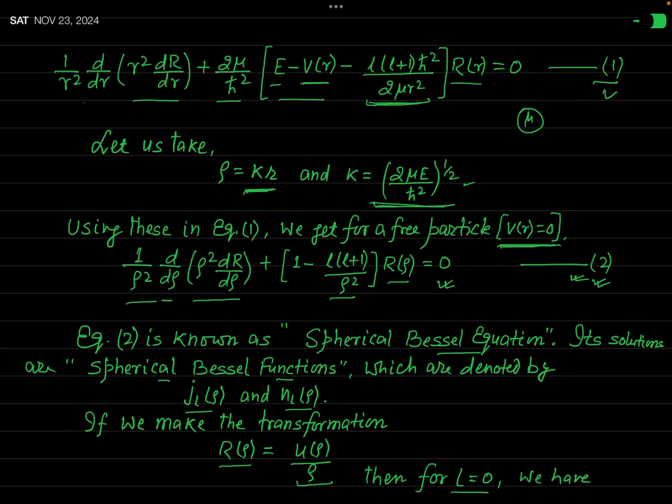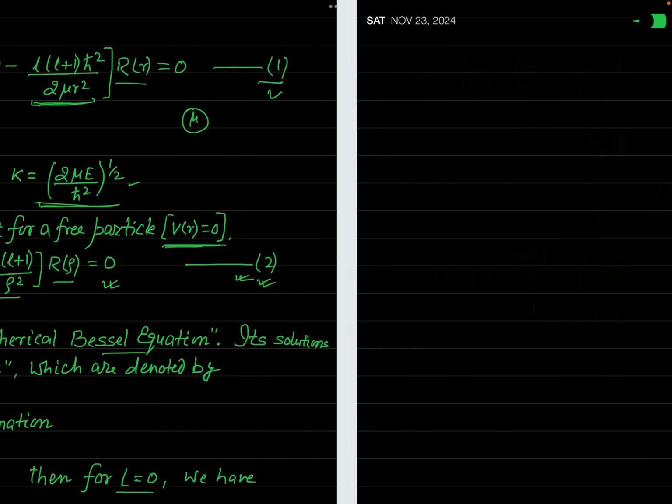So after taking L equal to 0 and making this transformation, R of rho equal to u of rho divided by rho, you can check what this first term will now become.